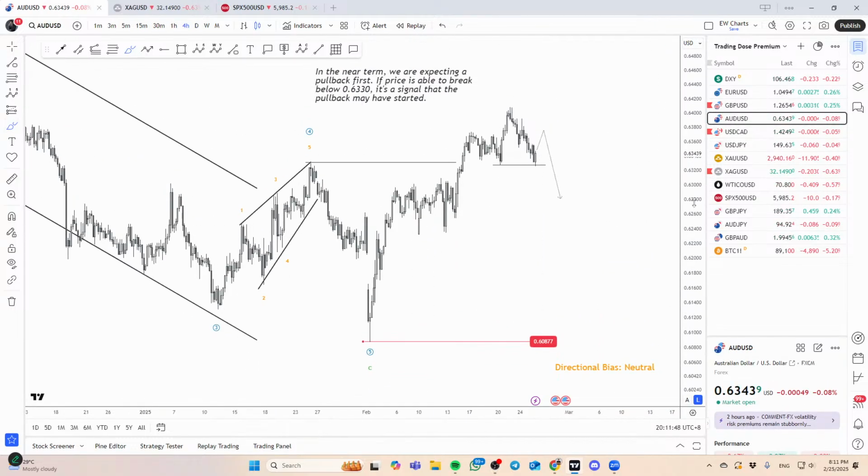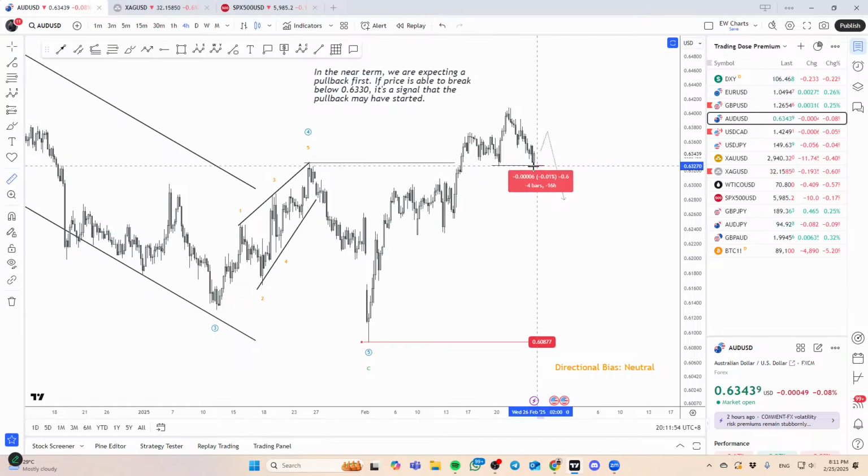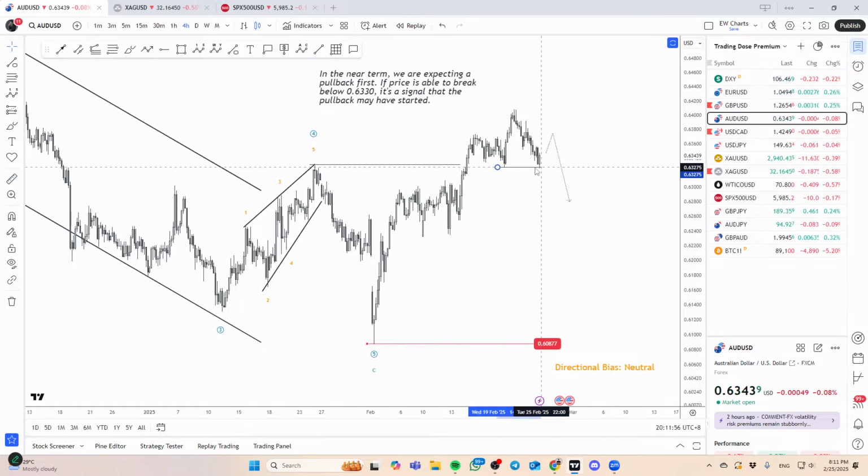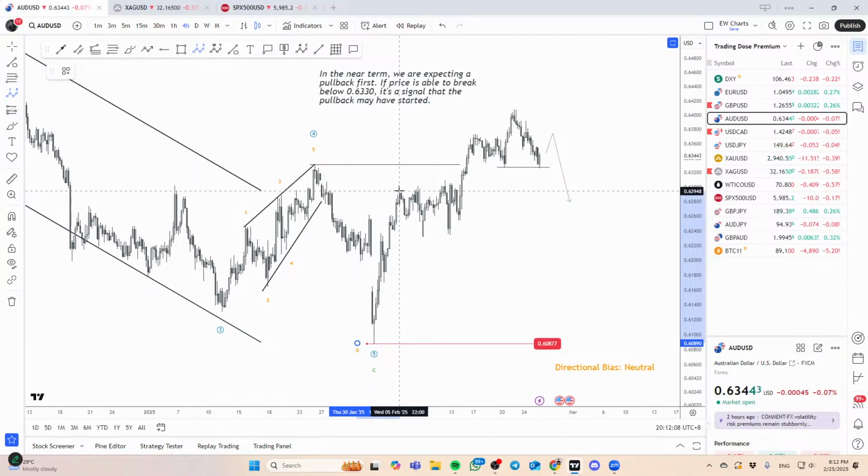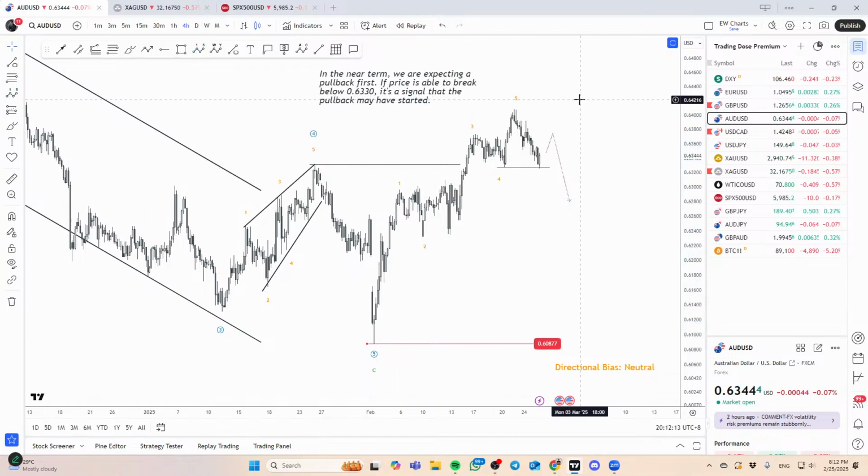AUD USD over here, kind of similar thought process. Okay, would probably be interested more in the downside. We want to see price take out this low with momentum, right? That would indicate again the pullback is starting. Okay, I wouldn't be too keen to be buying where we are, because in wave expectation, this can be a completed 5 wave as a leading diagonal.